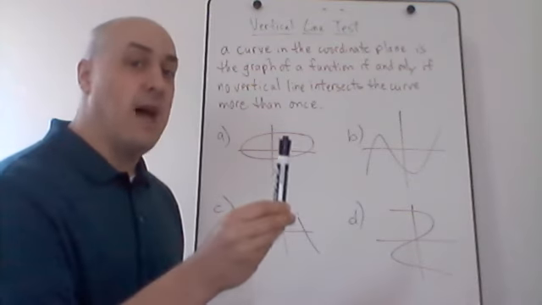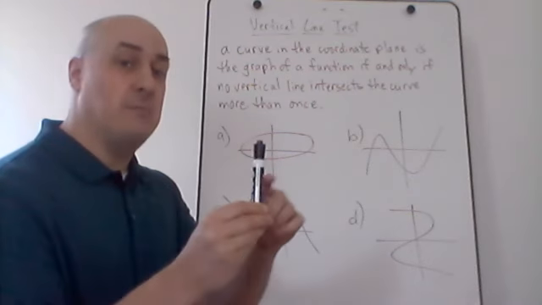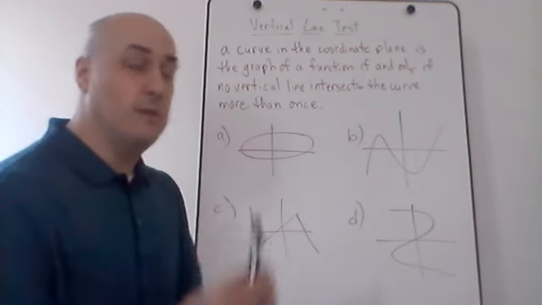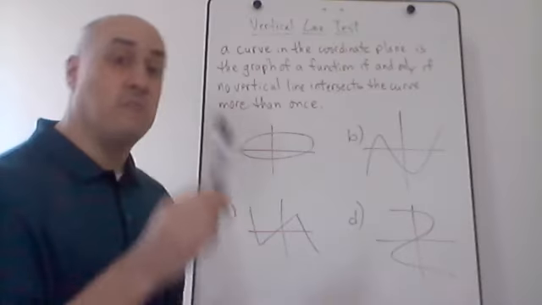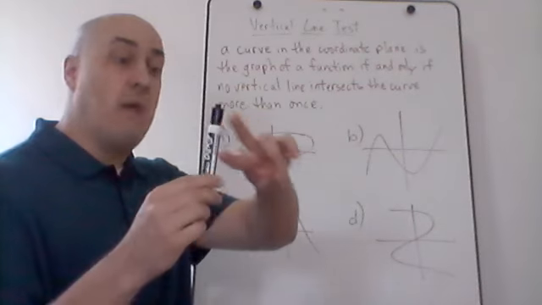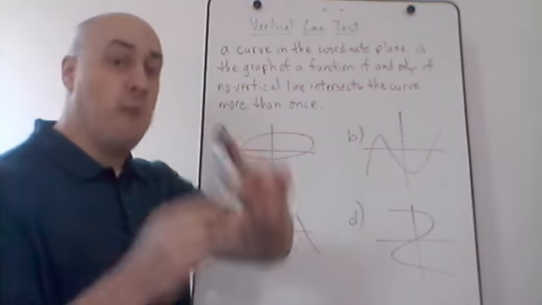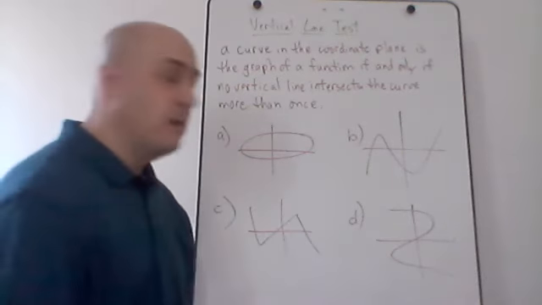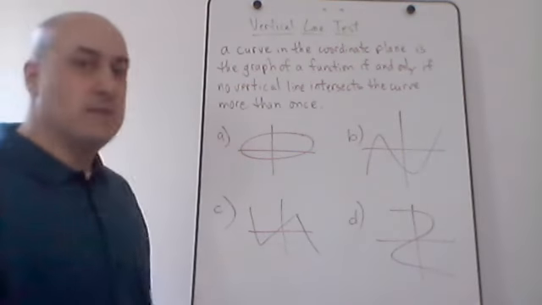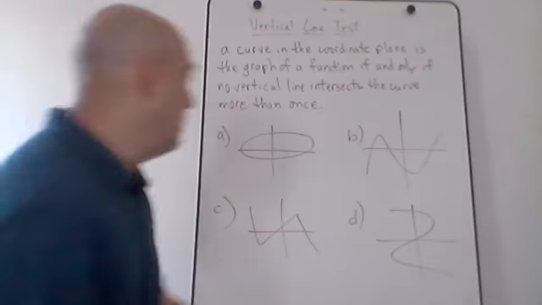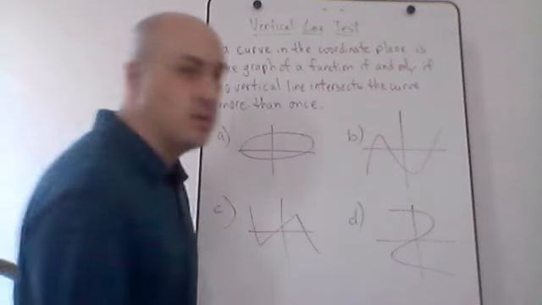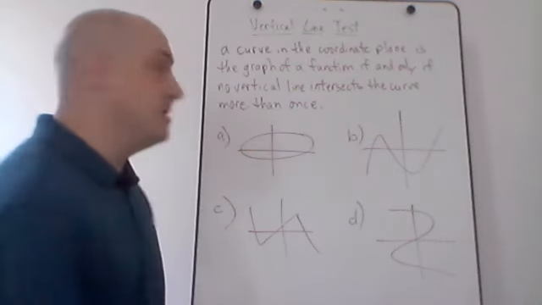So that vertical line, if it touches the graph one time, then for that one input there's only one output. If that vertical line hits the curve more than one time, then for that one input there's more than one output, and now it's not a function. I hope that made sense, but when I do a couple of these examples, I'll explain it to you again to make sure you understand what the vertical line test is actually telling us.